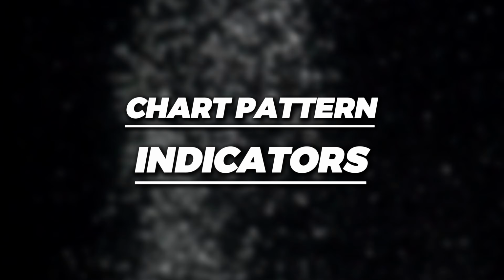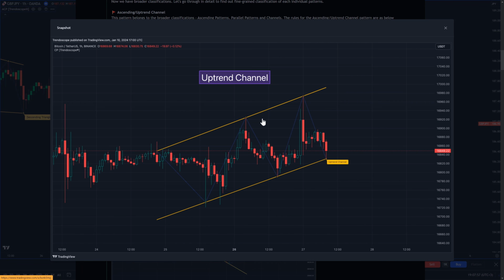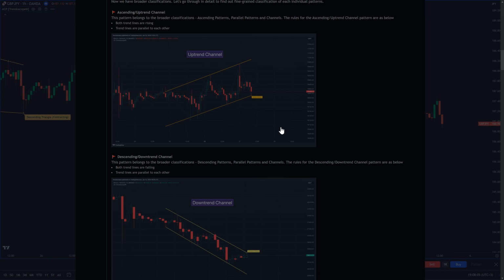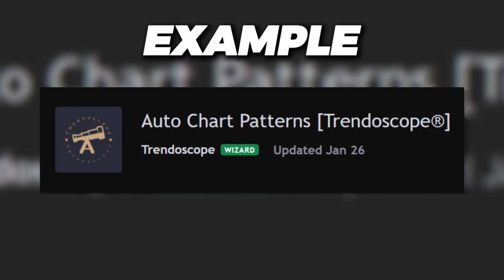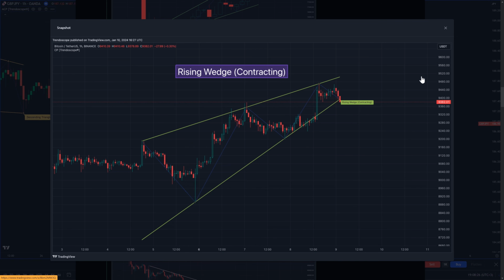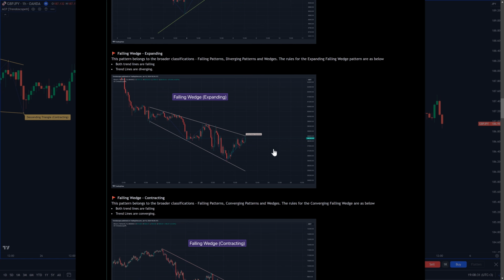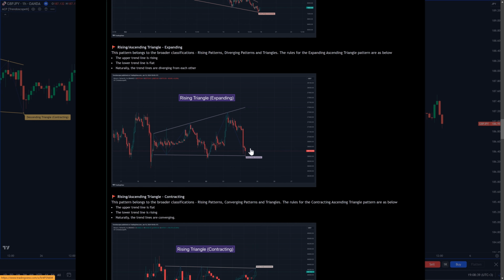Next, we have chart pattern indicators. These are different from candlestick pattern indicators because they focus on chart patterns. These are used to identify specific price formations that signal potential future price movements. Example, the Auto Chart Pattern Indicator by Trendoscope. This automatically identifies and classifies chart patterns using a sophisticated algorithm. It employs a multi-level recursive zigzag method to analyze different zigzag lengths and depths.